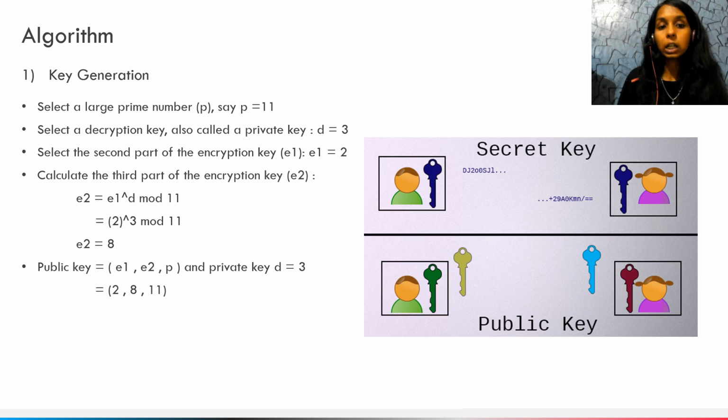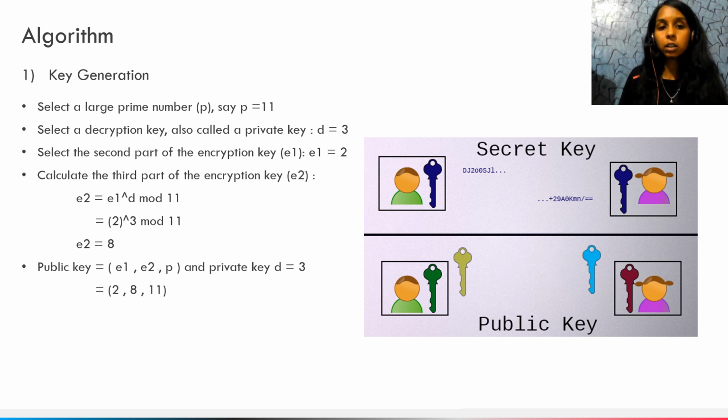First we select a large prime number, say P, which will be equal to 11. We also select the decryption key, also called a private key or secret key, which we consider as D, equal to 3. Next, for the encryption key, we calculate E1, and we consider E1 as 2.